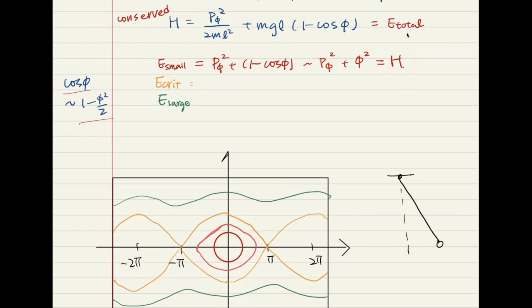So that circle is saying if I release a pendulum from a small angle, this pendulum will swing this way, clockwise. So it's negative P phi.